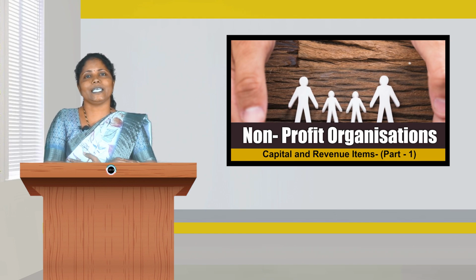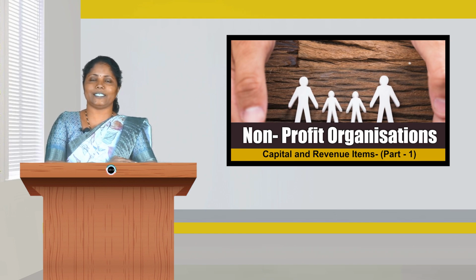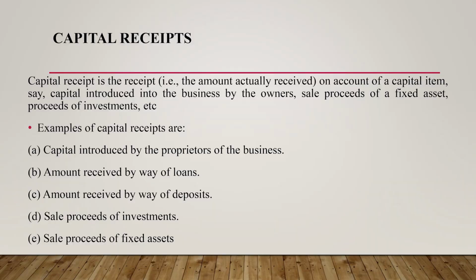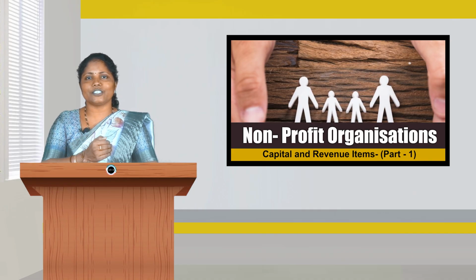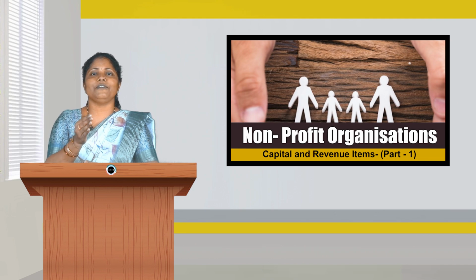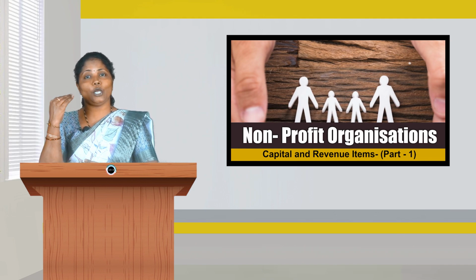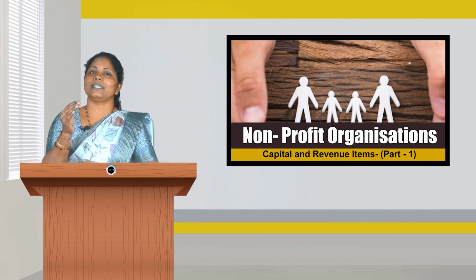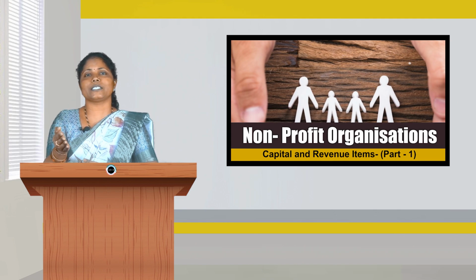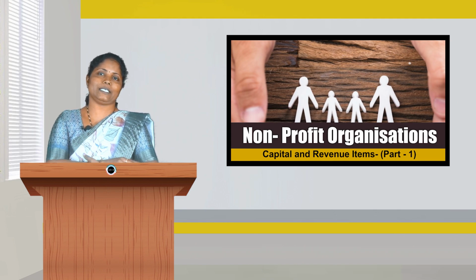Which are all the examples for such capital receipts? As I said earlier, the capital which is introduced by the proprietor into business is one of the examples for capital receipt. Do we get capital in repeated nature? No. Only once or twice in a long life of the business, the owner may introduce the capital to his or her business.